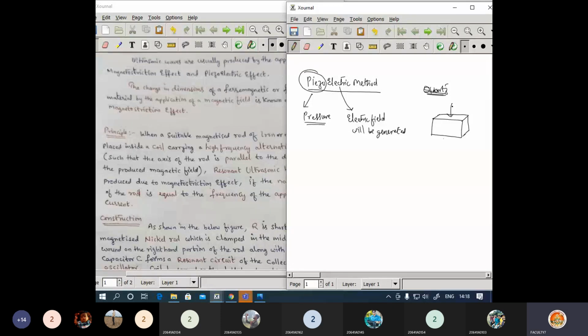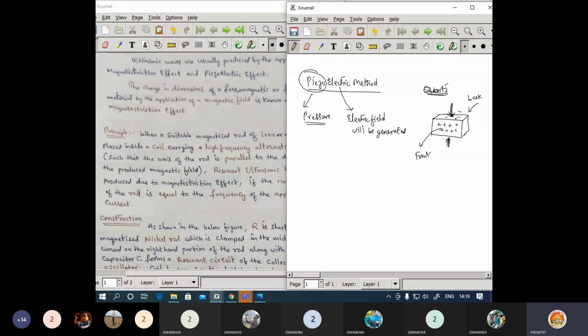If you apply the pressure on the top face and the bottom face, what you are going to experience here, if you consider the front face and the back face, is certain charges. There will be charge generation on the opposite faces here.